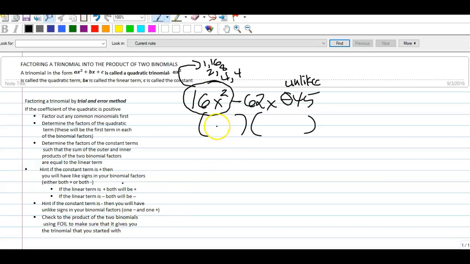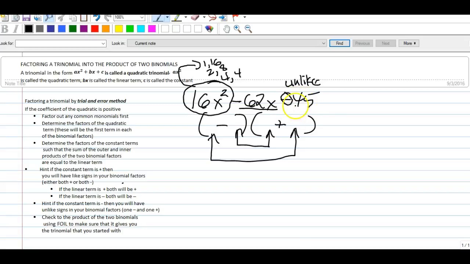One will be minus and one will be plus. Now again, remember I'm trying to choose the factors of the quadratic term and the factors of the constant term so that the sum of the inner and outer product gives me the linear term, which is minus 62x.